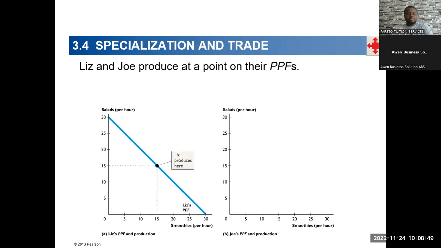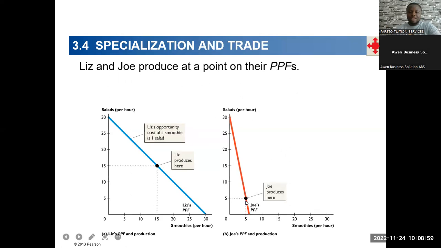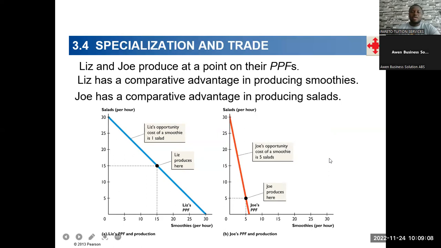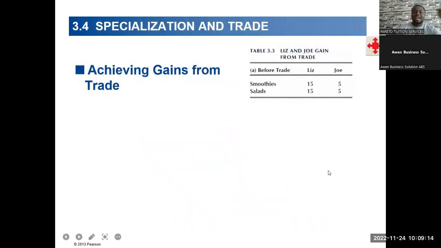Let's look at their production possibilities. This is for Liz. Liz was producing 15-15, right? Then Joe was producing 5-5. I hope we remember that. Yes. Okay, good. Now, we have seen that Liz has a comparative advantage in producing smoothies, and Joe has a comparative advantage in what?